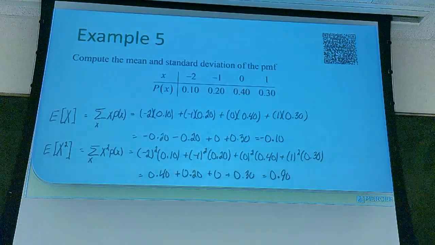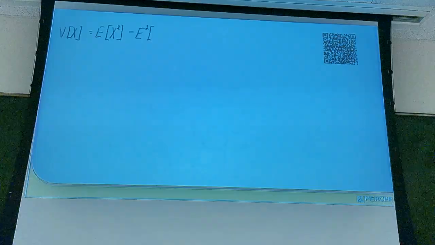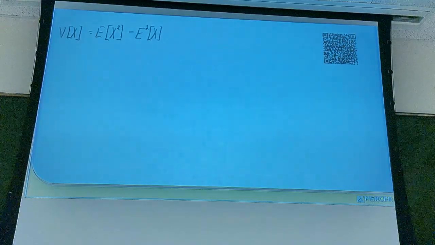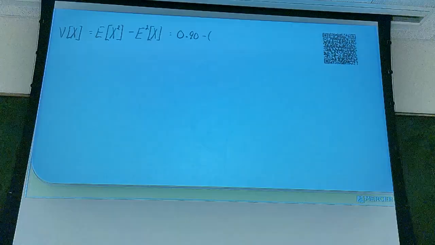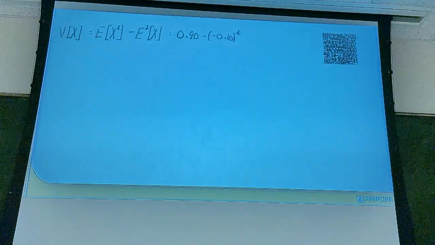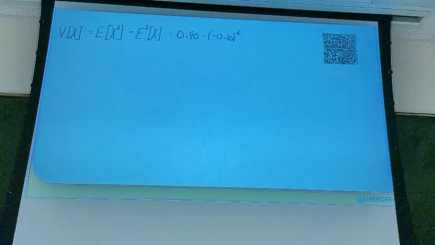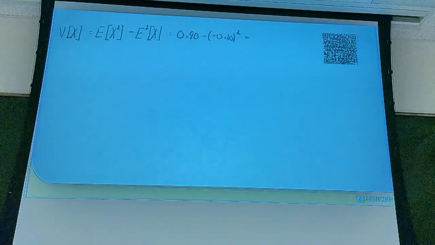Okay. Variance: E of X squared minus E squared of X. Again, variance should always be positive.